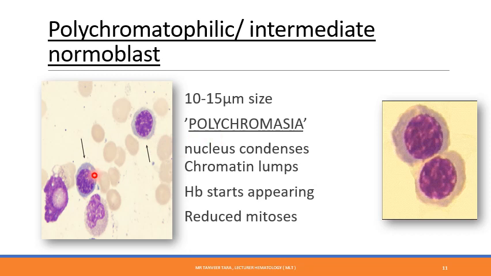So it gives a different dye, and the nucleus is going to condense. Nuclear material is now getting reduced, and chromatin clumps are present here. Hemoglobin appears for the first time here, and mitosis now becomes reduced. Normally no mitotic division is present here, but in certain cases it still has the capability of mitosis, in reduced form.